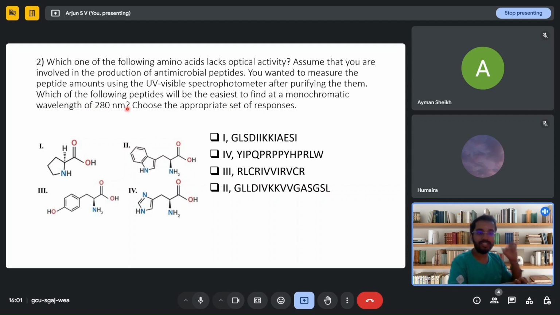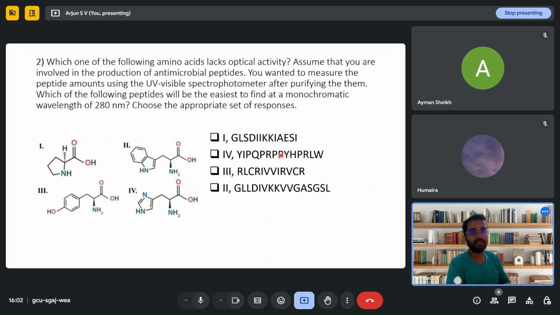In week 7's lectures, we saw that at 280 nanometer, the quantification of proteins can be done using the concentration of certain amino acids, tryptophan and tyrosine. Tryptophan is represented by W and tyrosine is represented by Y. So in all these four peptide sequences, which one of them has W and Y?